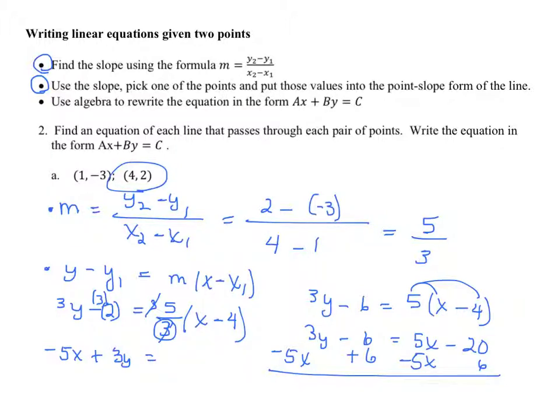Take away 6 is 14, but it's negative because I owe you $20. So again, this is the general form, and this one is a lot better looking than the slope-intercept form in this case. The general form doesn't help you as much when you have to graph the line as slope-intercept form does.